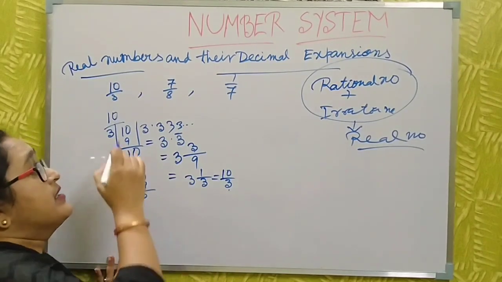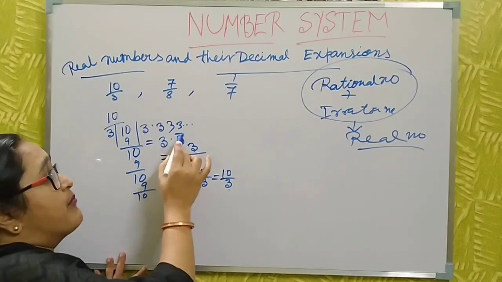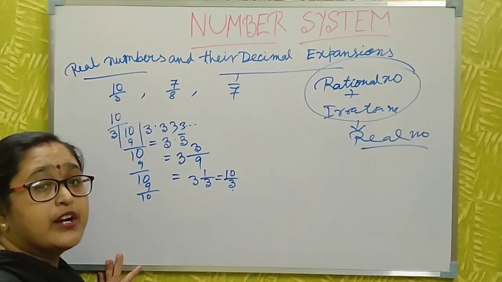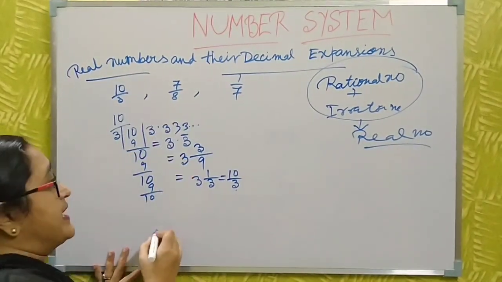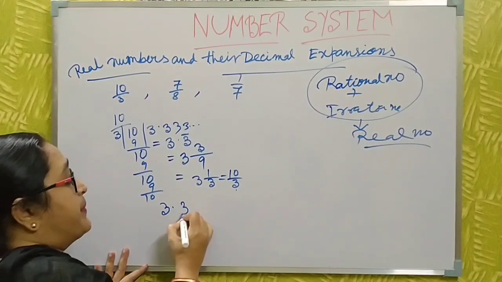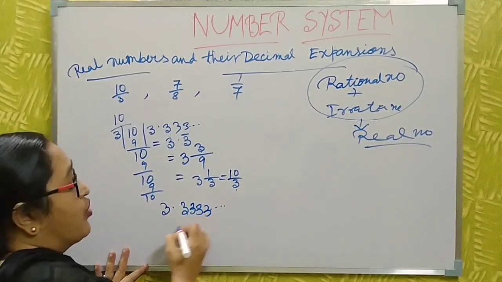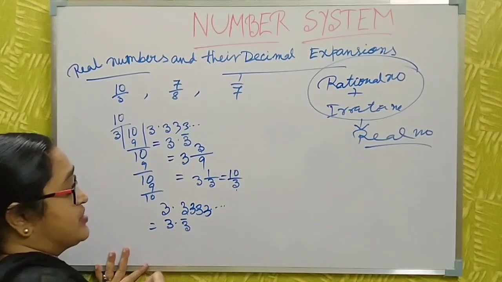This number is called a repeating number or recurring number. The number whose decimal expansion repeats is called a repeating number, and you can write it like this also.